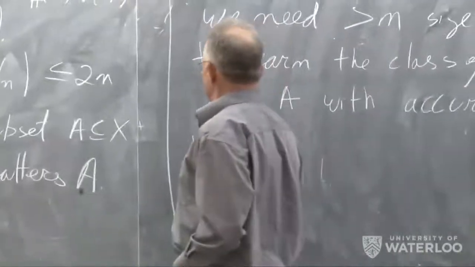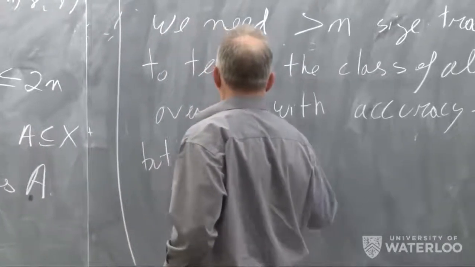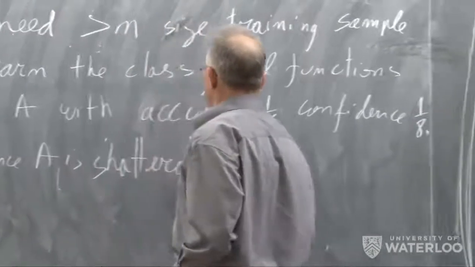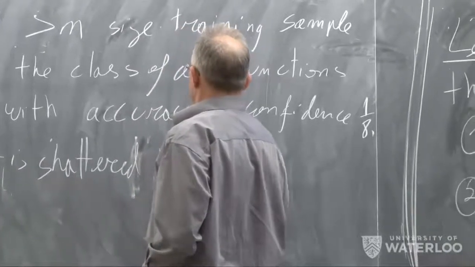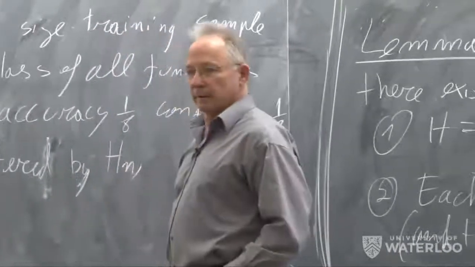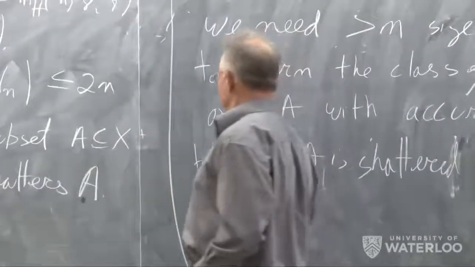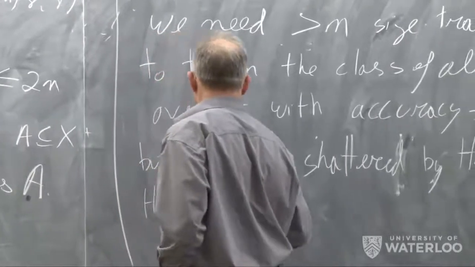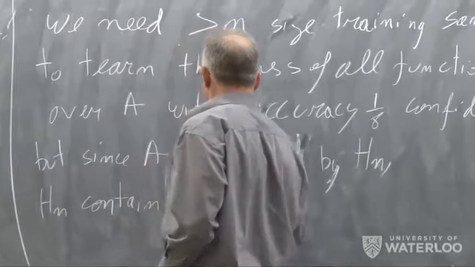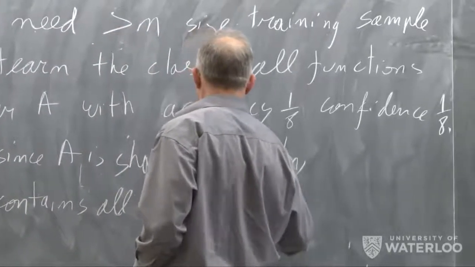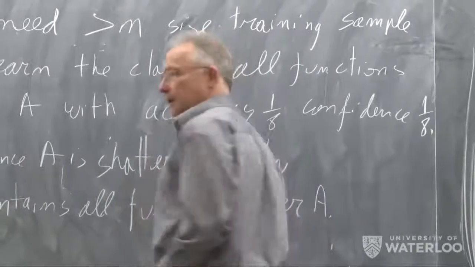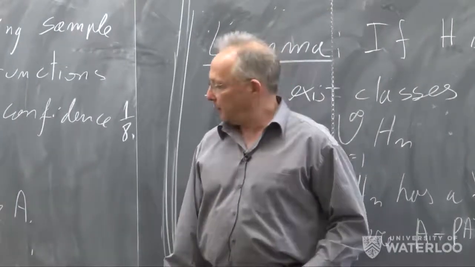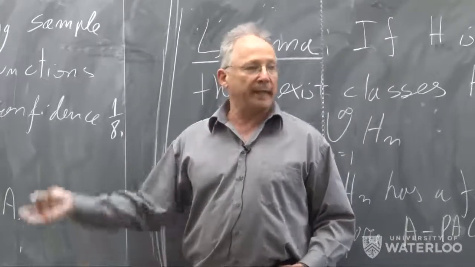But since A is shattered by Hn, Hn contains all functions over A. So learning Hn will be like learning all functions over A, and learning all functions over A requires more than n sample size.